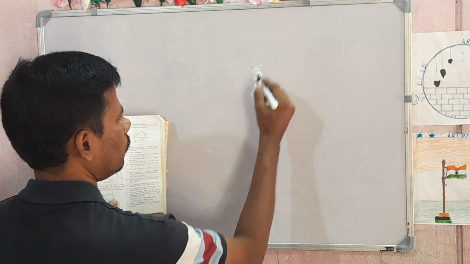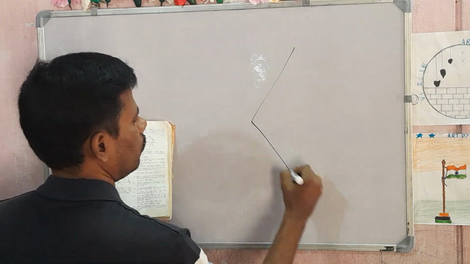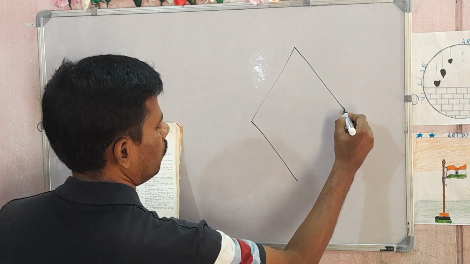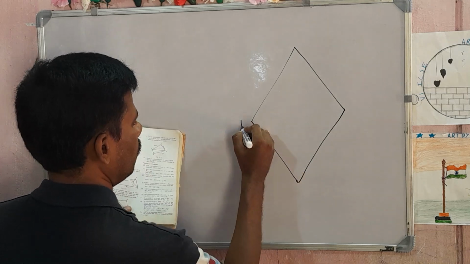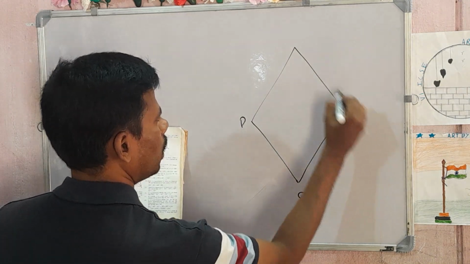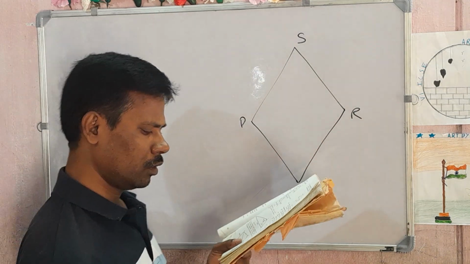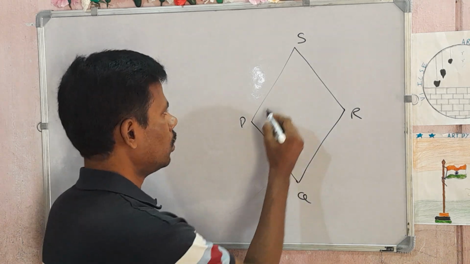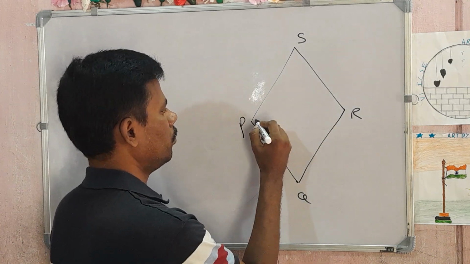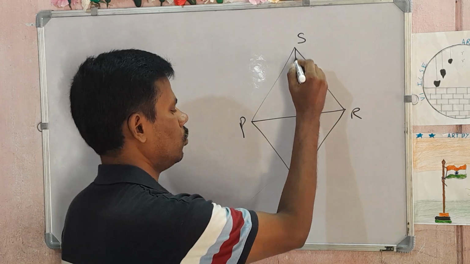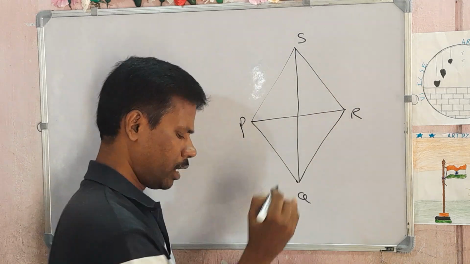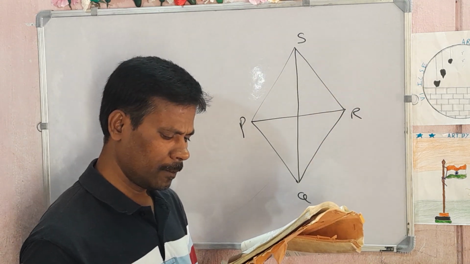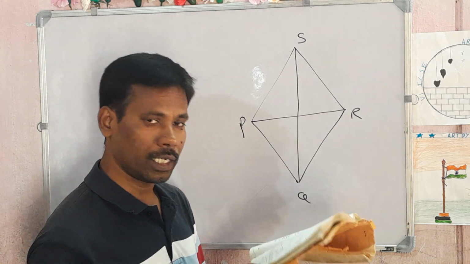PQRS is a quadrilateral in which diagonals PR and SQ intersect at right angles.